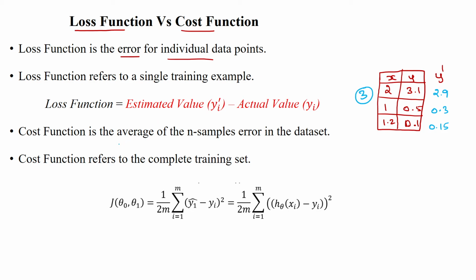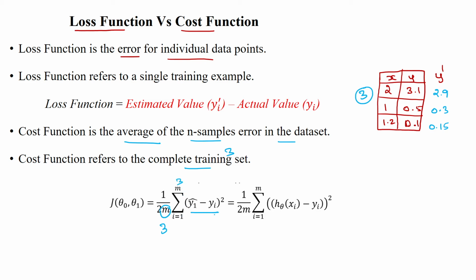When you apply the average of the errors of these 3 samples in the data set, that is called the cost function. The cost function for the given 3 training samples can be calculated as 1 by 2m, where m is the number of samples. Here the number of samples is 3. Then the summation of i equal to 1 to m, where m is 3.